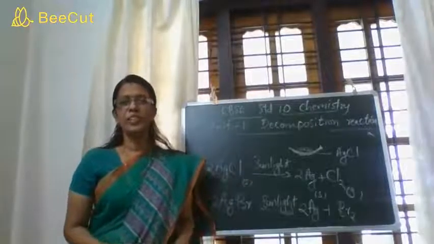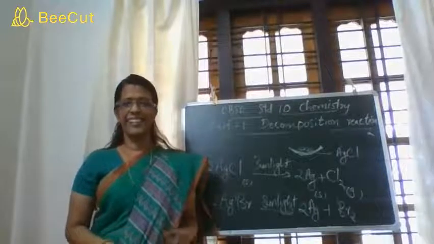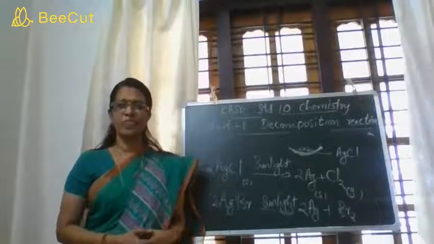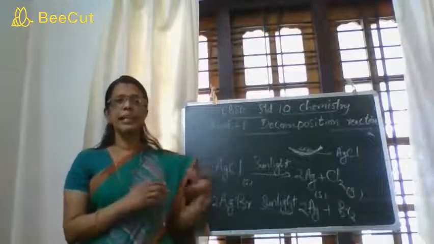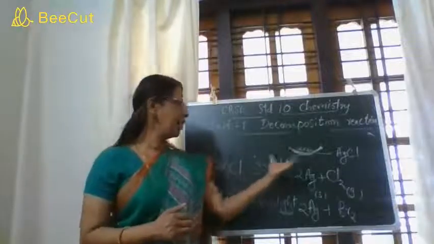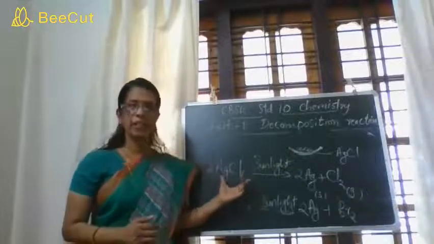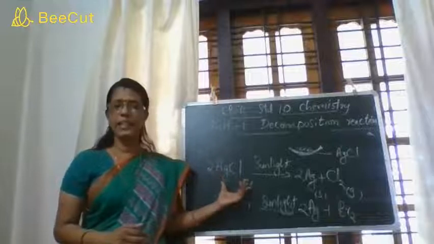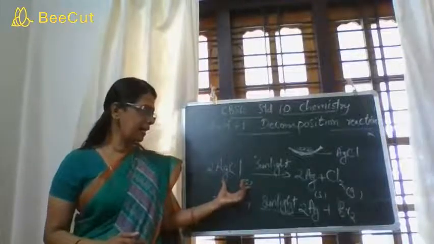Next one is decomposition reaction with the help of light. That is also called a photochemical reaction. Photo means light. Using sunlight also we can have a decomposition reaction. Here silver chloride is a white solid.